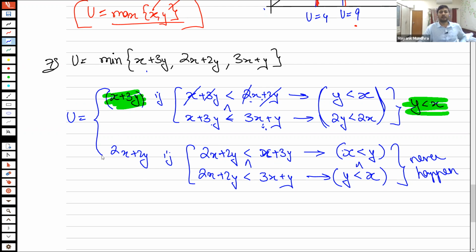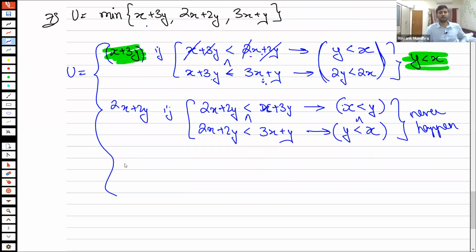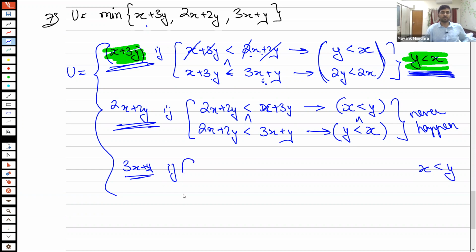All right. And now finally, when will the utility function report 3x plus y? Here you can use common sense that to the right of the 45-degree line, this is happening. This thing is never happening. So to the left of the 45-degree line, this should be happening. So I should be getting this region as x less than y. But I would do it step by step now because we are in the starting phases of learning these things.